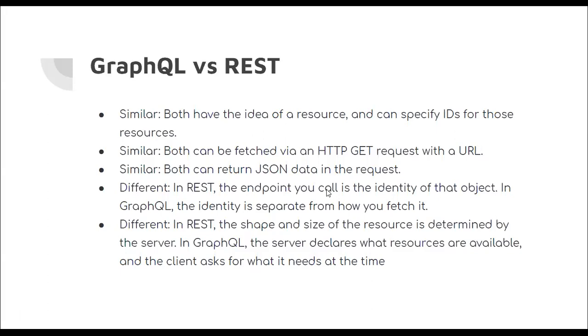What's similar about GraphQL and REST is both have the idea of a resource and can specify the IDs for this resource. The same way on your RESTful API you could have a resource endpoint to fetch all users or fetch a single user, say a user with an ID of 3.